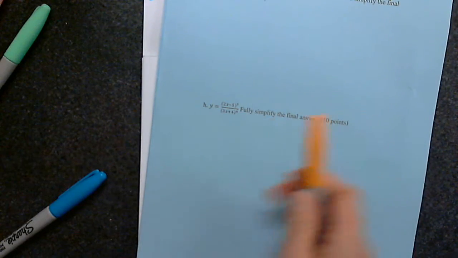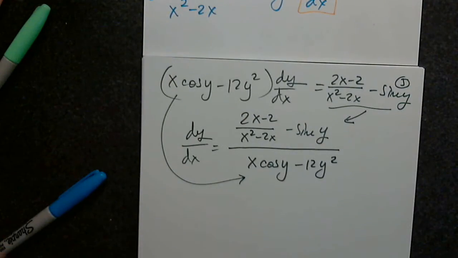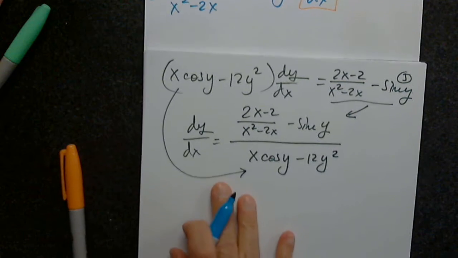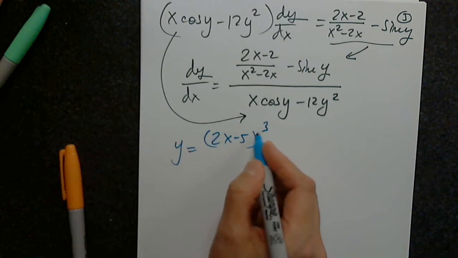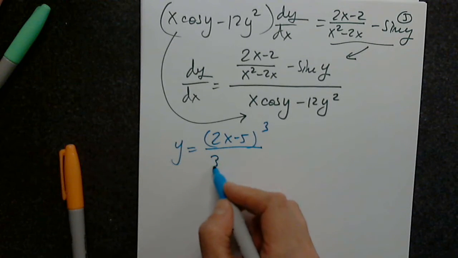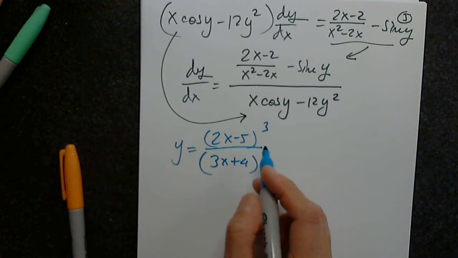So this, I expect you to fully simplify it. So we have y equals (2x minus 5) to the third divided by (3x plus 4) to the fourth power.